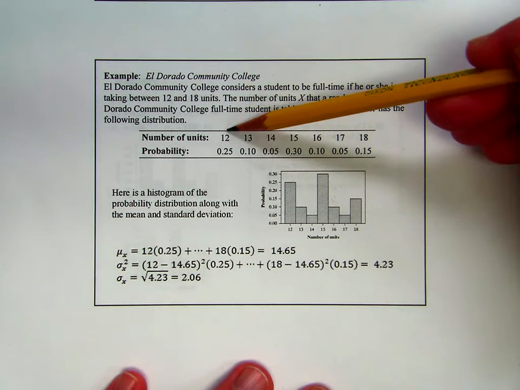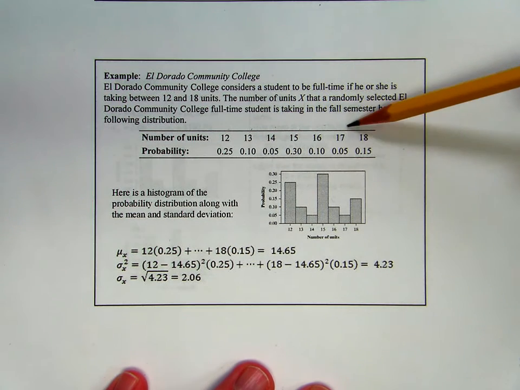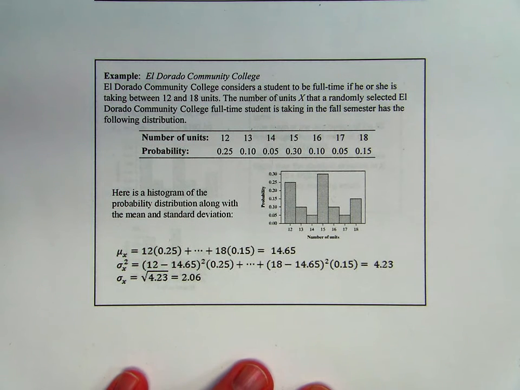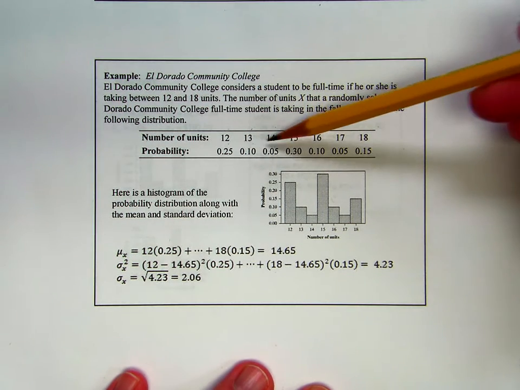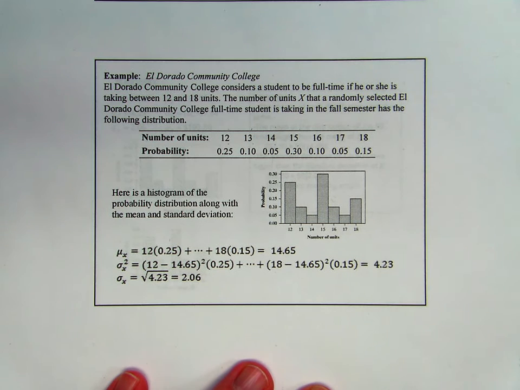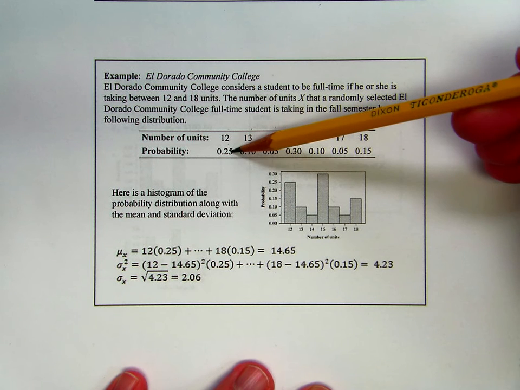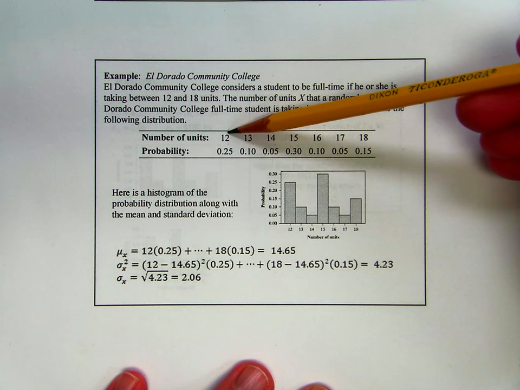So this is how many units, or credits is a more common term for college classes, and this is the probability of a student taking each one of those. So if you randomly selected one student from this college, there'd be a 25% chance that they're taking 12 credits or 12 units.